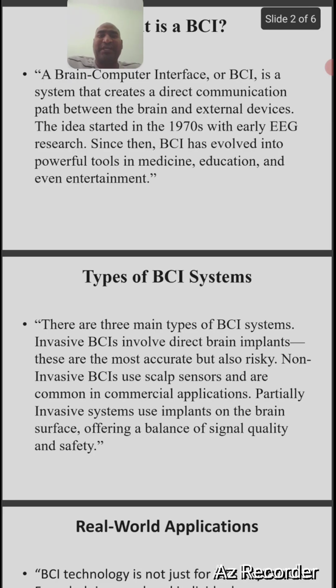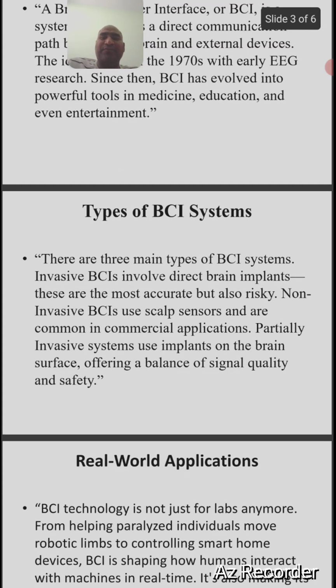What are the different types of BCI systems? There are three main types. The invasive BCI involves direct brain implants, which are the most accurate but also risky. A non-invasive BCI system uses scalp sensors and is common in commercial applications. The other is a partially invasive system, in which something is invasive and something is non-invasive.